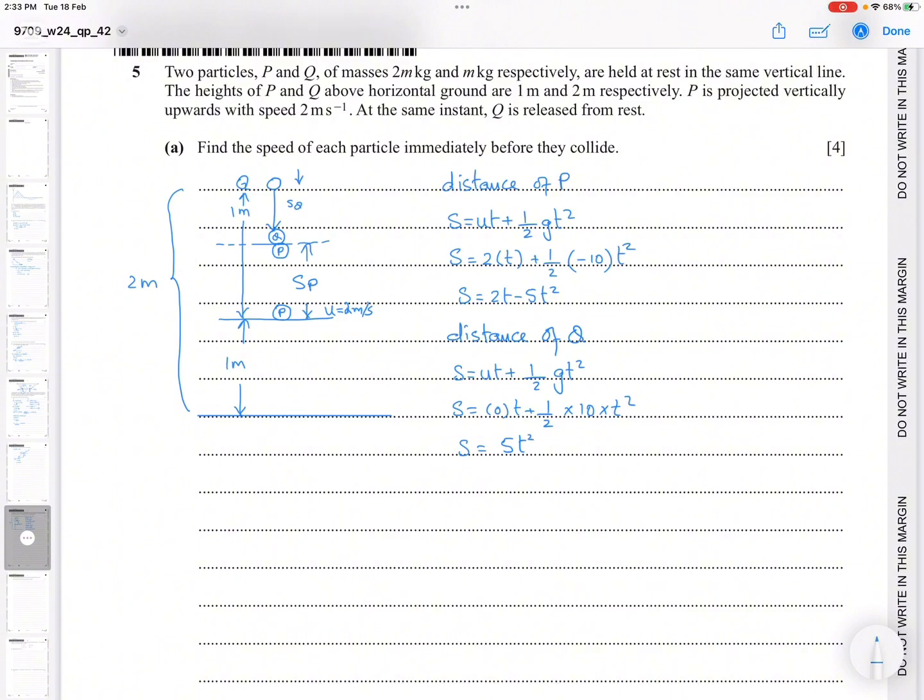Now equate both distances because they meet at one point.